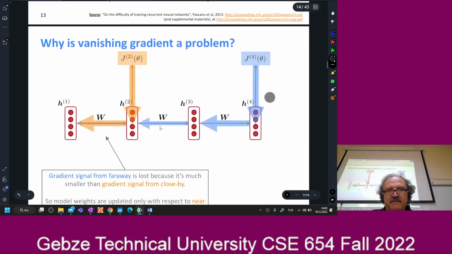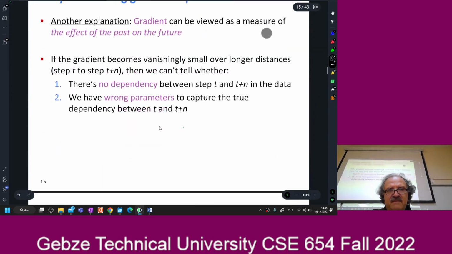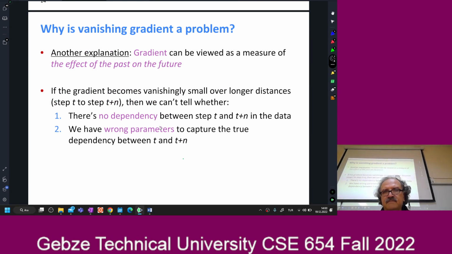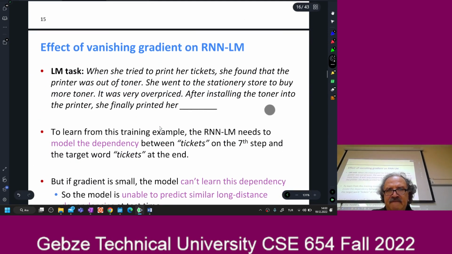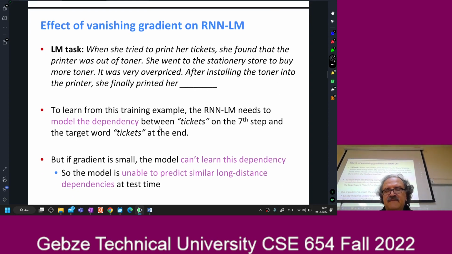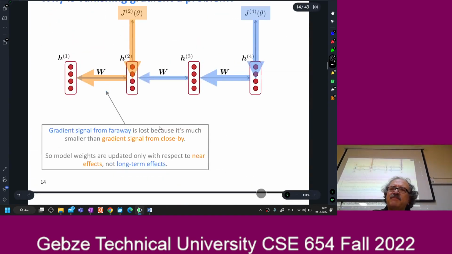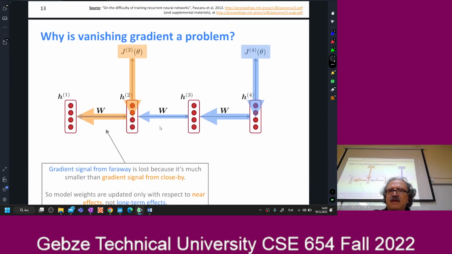Okay, so that's the vanishing gradient problem. You might ask, why is it a problem? Because if I go only 1, 2, 3, 4 steps back and optimize the network that way, this may not be that big a problem. I mean, just go 4 steps back.